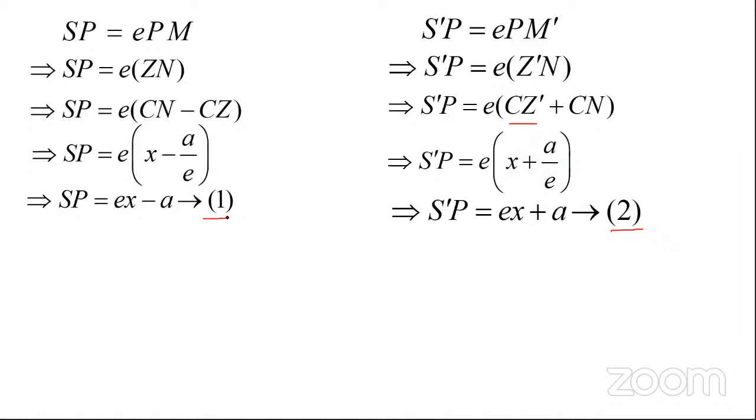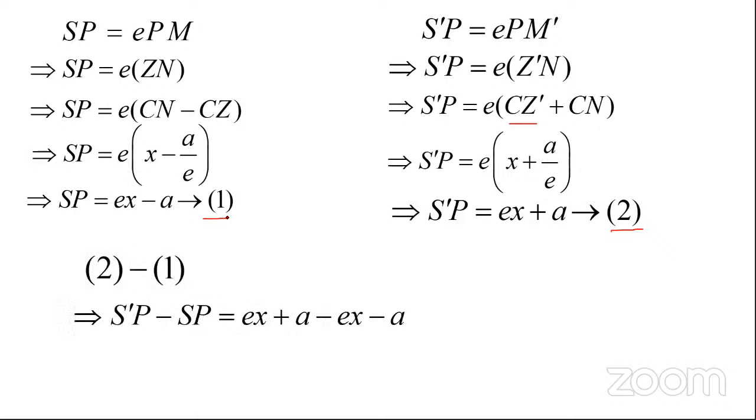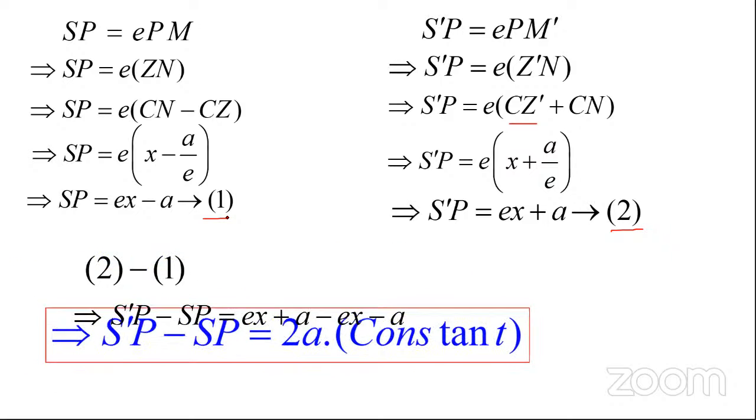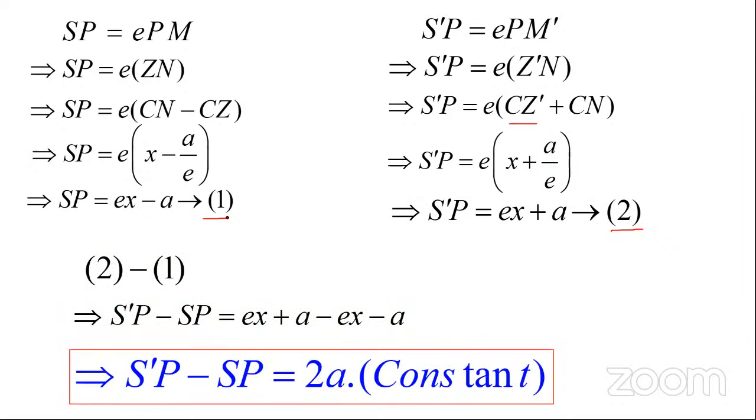So then what is asked in the question: the difference between the focal distances. So I'm taking 2 minus 1, that is S'P minus SP equal to ex plus a minus ex minus a. Then I will get S'P minus SP equal to 2a.